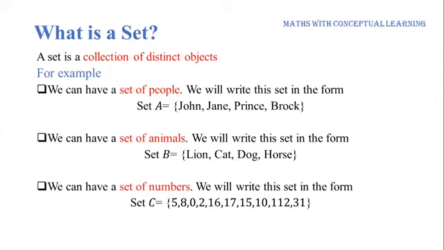The word well-defined refers to a specific property which makes it easy to identify whether the given object belongs to the set or not. The word distinct means that the objects of a set must all be different.